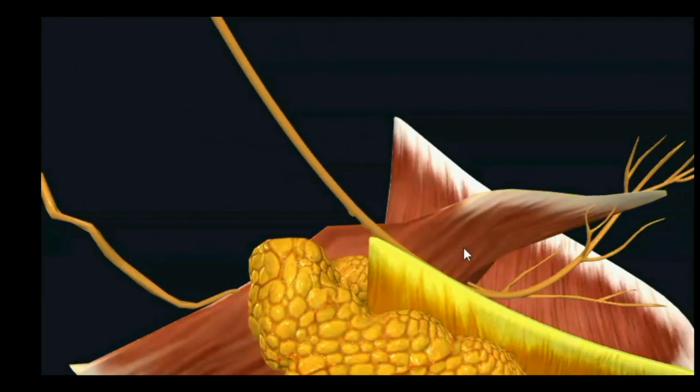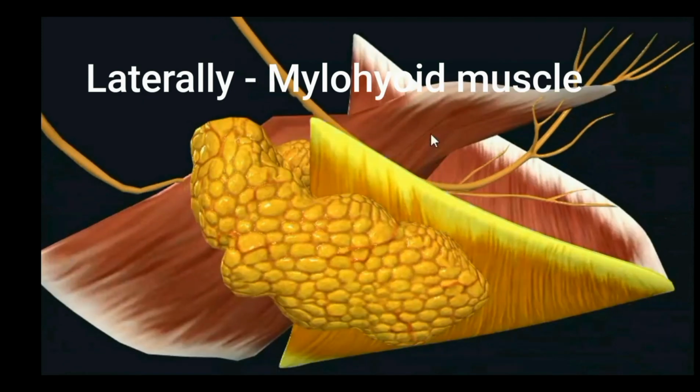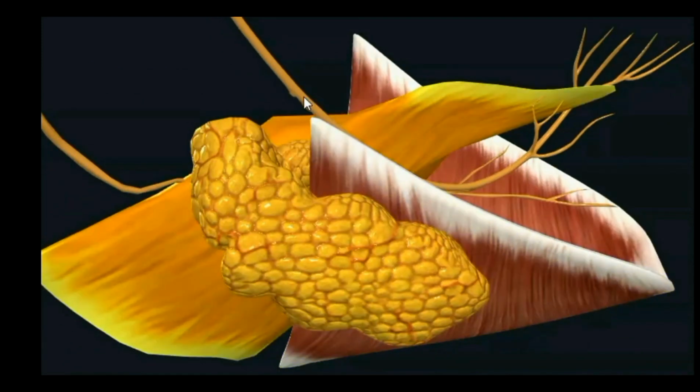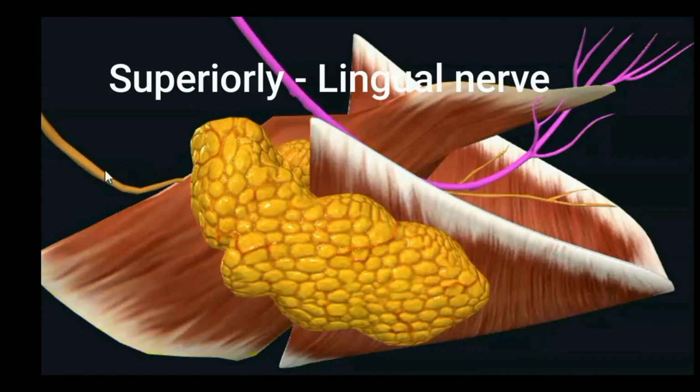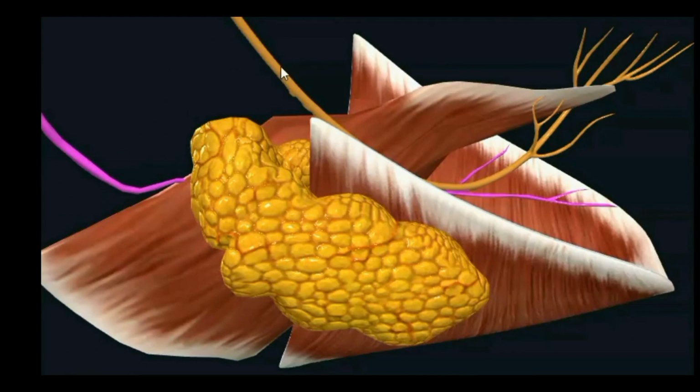So medially hyoglossus muscle, laterally mylohyoid muscle, superiorly what you see, that is lingual nerve. Lingual nerve is a branch of the posterior division of mandibular nerve, whereas inferiorly it is related to the hypoglossal nerve, loop of hypoglossal nerve. So these are the relations of the deep part.